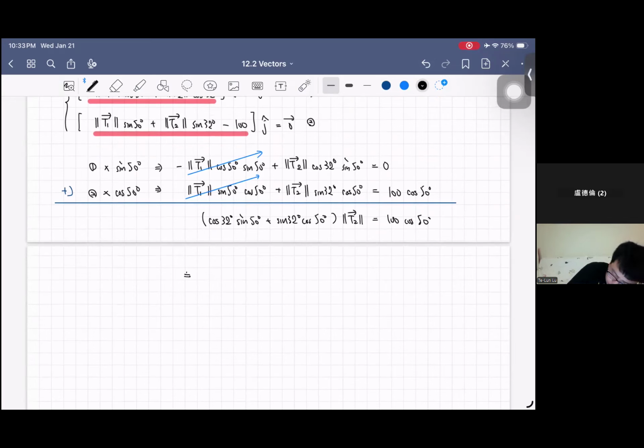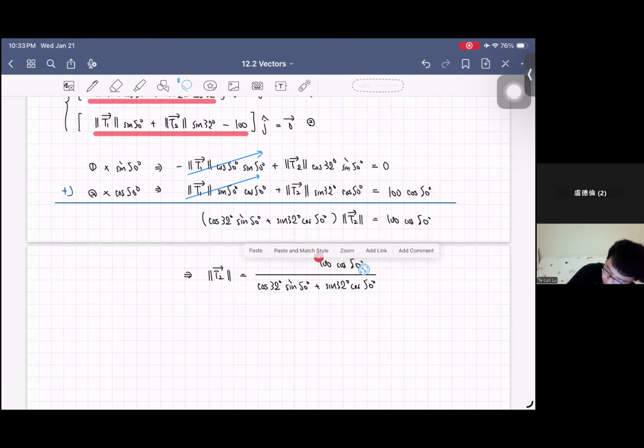So in particular, you will get T2 being the whole thing here in the denominator, where a numerator is this guy.